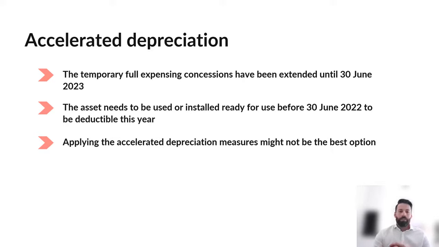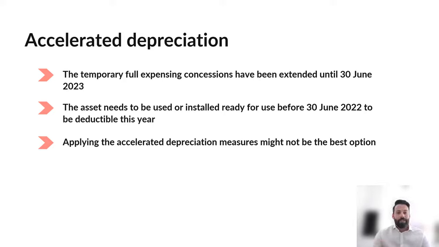The thing to consider about any accelerated depreciation measure is, in that example, $100,000, to some people will be a very large deduction if you went to spend that money on equipment. You've got to consider whether that's actually the best option. And the reason I say that is, let's say in the current financial year, you have a relatively low taxable income and your average tax rate on that income is, let's say, 20%.